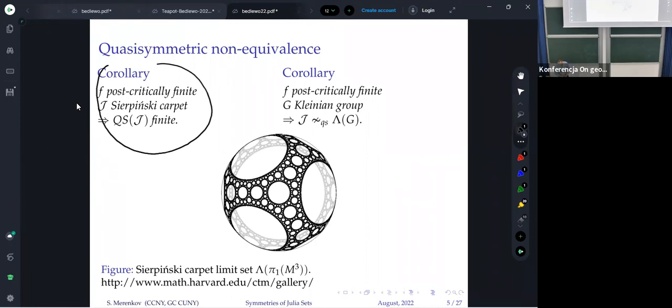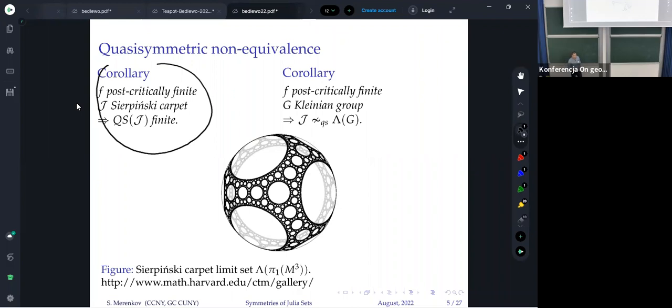Another corollary, and that was one of the motivating questions for this research: if you have a post-critically finite rational map, and if you assume that the Julia set is a Sierpiński carpet, and if you take an arbitrary Euclidean group whose limit set is a Sierpiński carpet, they cannot be quasi-symmetrically equivalent.